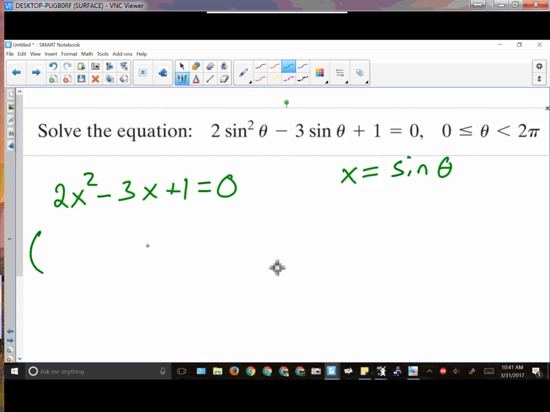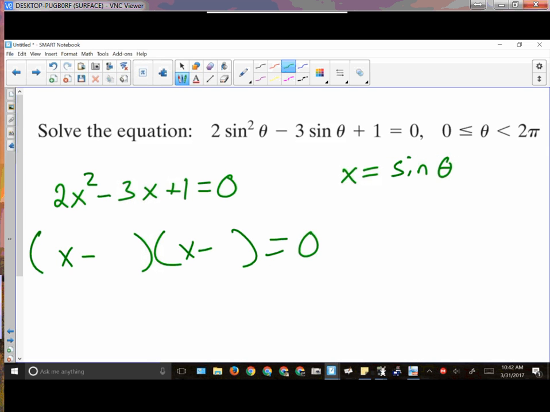So we know how this thing is going to factor out, then it's going to be equal to 0, obviously. And let's see, we've got an x here, we've got an x here. Both of these are negative. This has to be a 1, that has to be a 1. And so does it matter where the 2 goes? The answer is no. So the 2 can go in either one of these places.